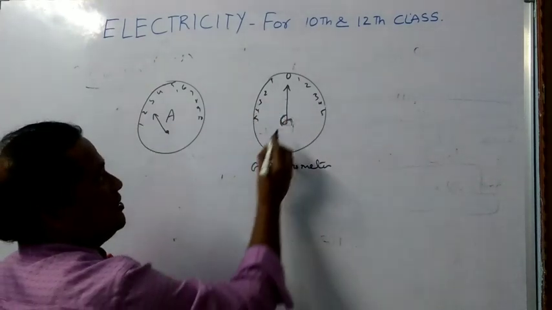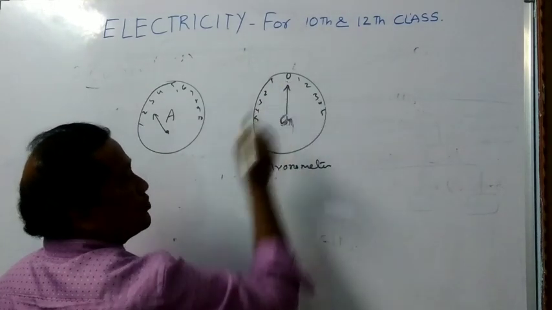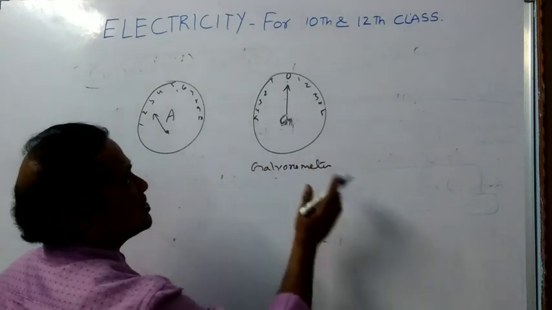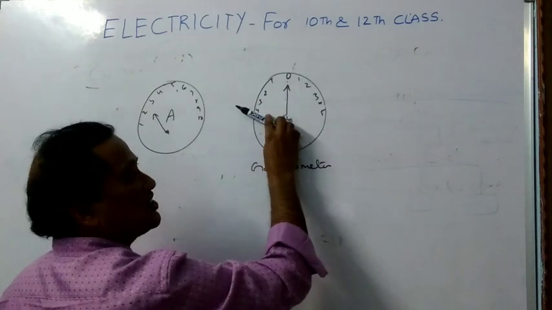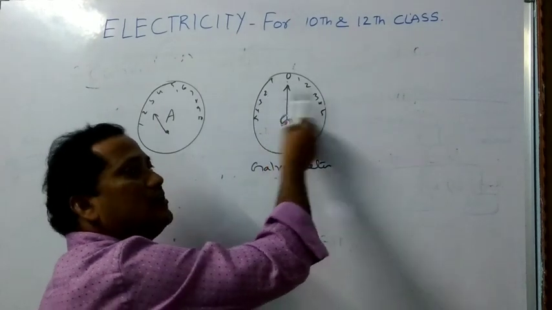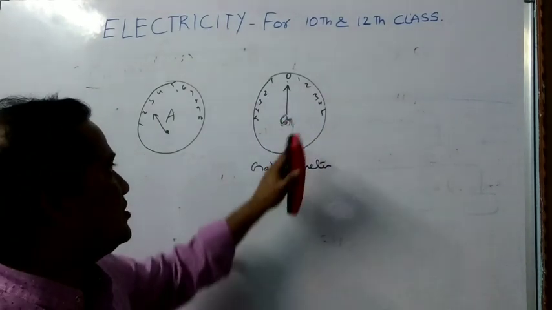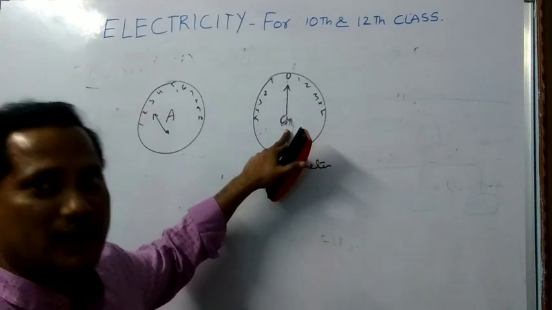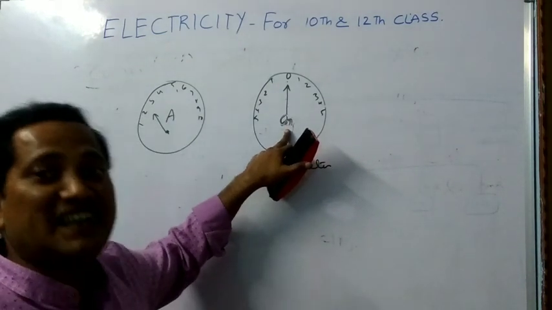That means the arrow mark is always at the center. If the current is in one direction, the needle will deflect in one direction. If the current is in the other direction, the needle will deflect in the other direction. That means the galvanometer measures not only the current but also its direction.